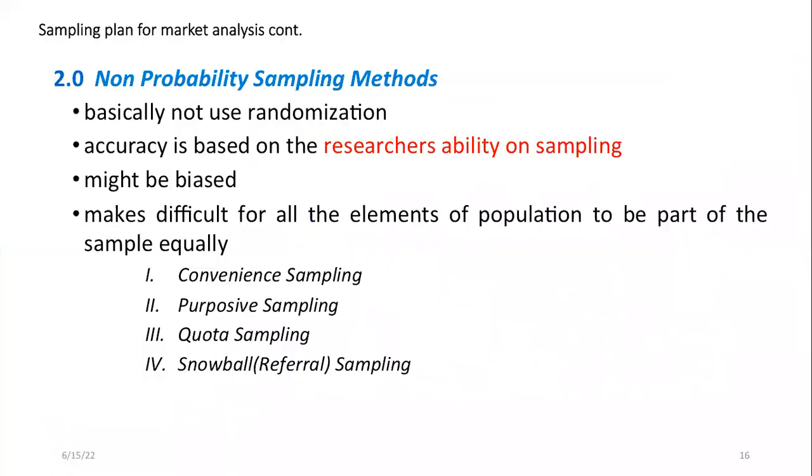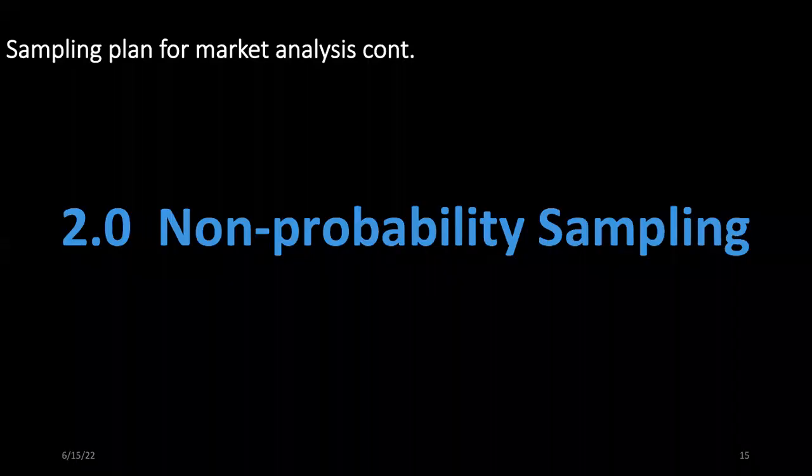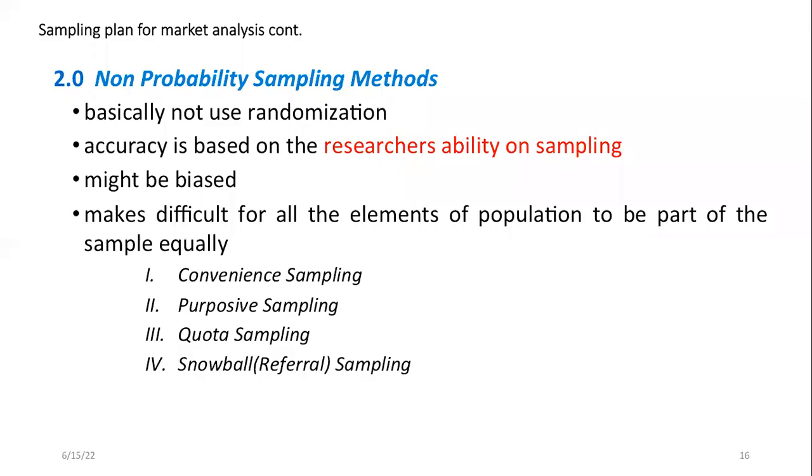Then we are moving to non-probabilistic sampling. Non-probabilistic means there is no probability. We are going to select using non-systematic methods, right? Probabilistic means we use randomization, but here we are not going to use randomization.